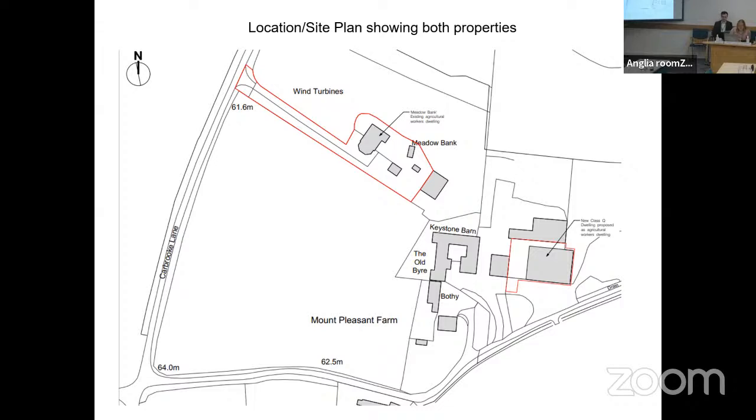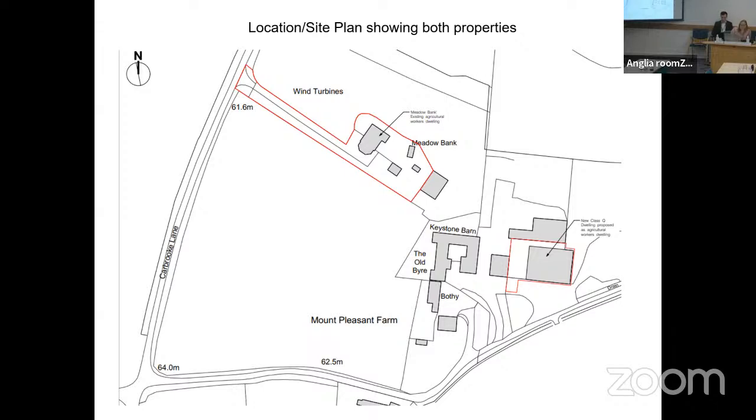So the only material planning consideration in this instance is the acceptability of this change or transfer. Policy HEA13 relates to the removal of agricultural occupancy conditions and requires justification in respect of why there's no longer a need, and that the property has been marketed at a price which reflects the occupancy condition.